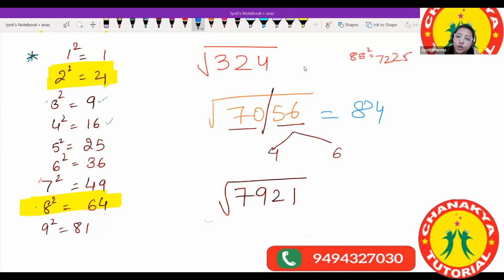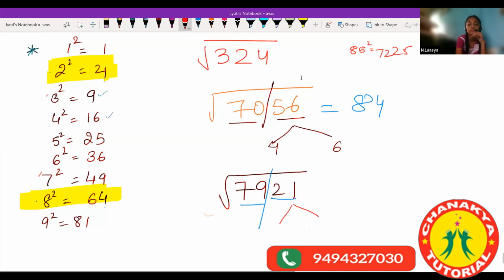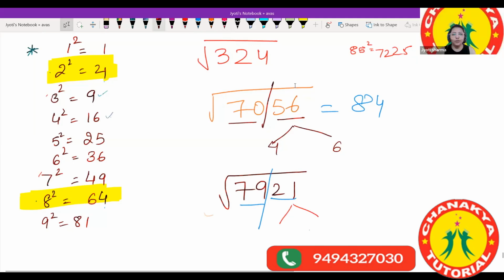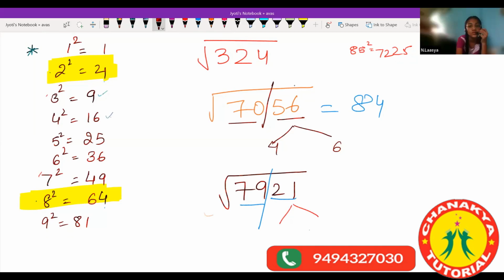Ma'am, can you explain this question, 7921? Okay. So you will make pairs of 2 digits. After one pair, you will put a slash. Now, what are the numbers where you are getting 1? Of which number, if you take the square, as an answer you get 1? 1 square and 9 square.